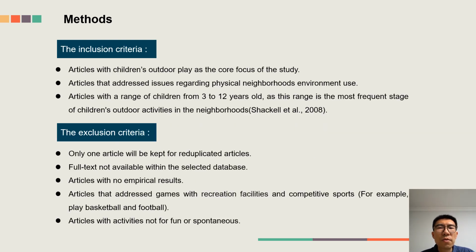According to the research questions of this study, the 573 articles were screened by some inclusion and exclusion criteria. This is the inclusion criteria, and this is the exclusion criteria.